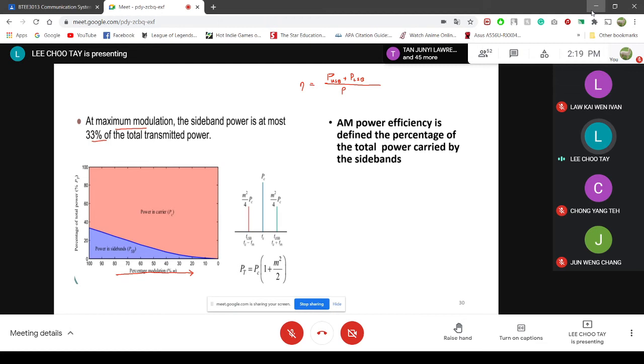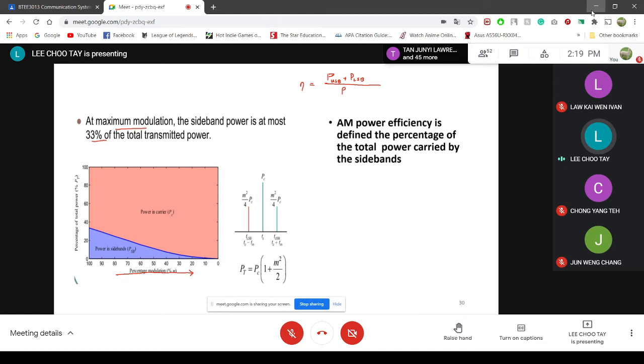So in order to improve its performance, we can address these 2 drawbacks. The first one is, the carrier is the one that makes me waste more power, so I don't send the carrier. That means I'm going to suppress the carrier. By suppressing the carrier, that brings us back to double sideband suppressed carrier, isn't it?